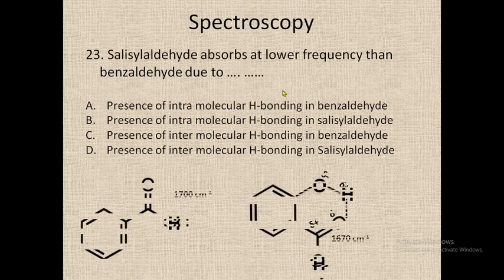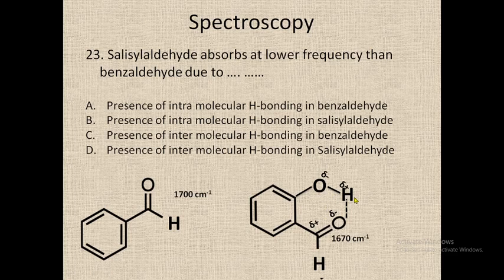So let's see the structures. Here it is benzaldehyde. There is no group that is going to show hydrogen bonding, so only the carbonyl group is present there, and it will show the stretching frequency at 1700 centimeter inverse. But in case of salicylaldehyde, the hydroxyl group present at the ortho position will form an intramolecular hydrogen bonding, forming a 6-member cyclic system.